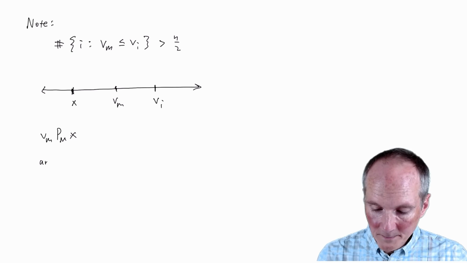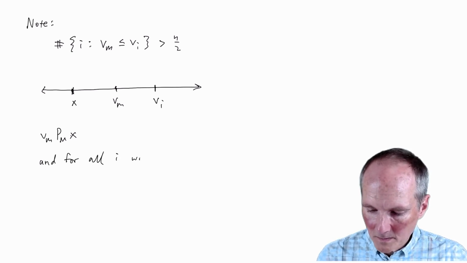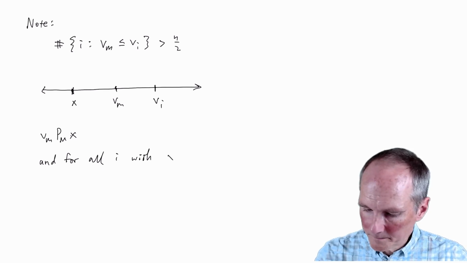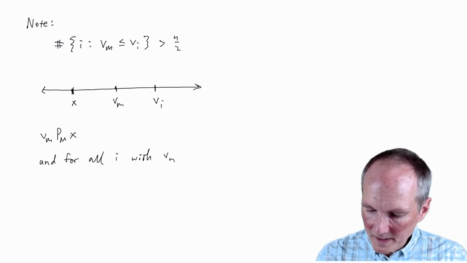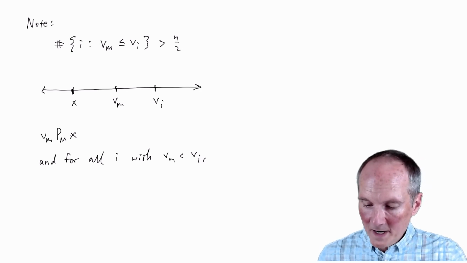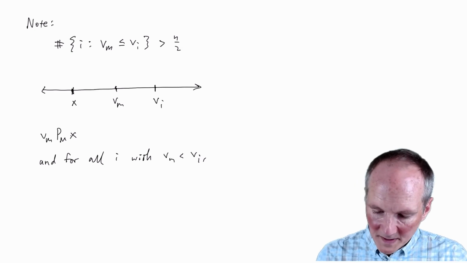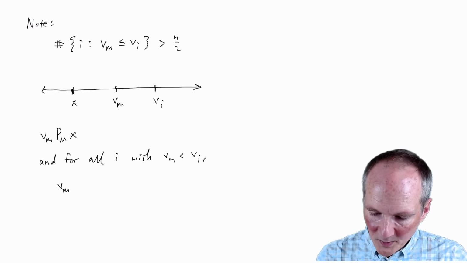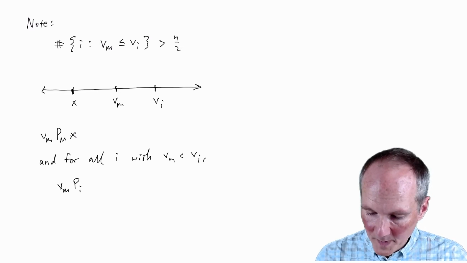So for all voters to the right of the median, we must have the median ideal point preferred to x.